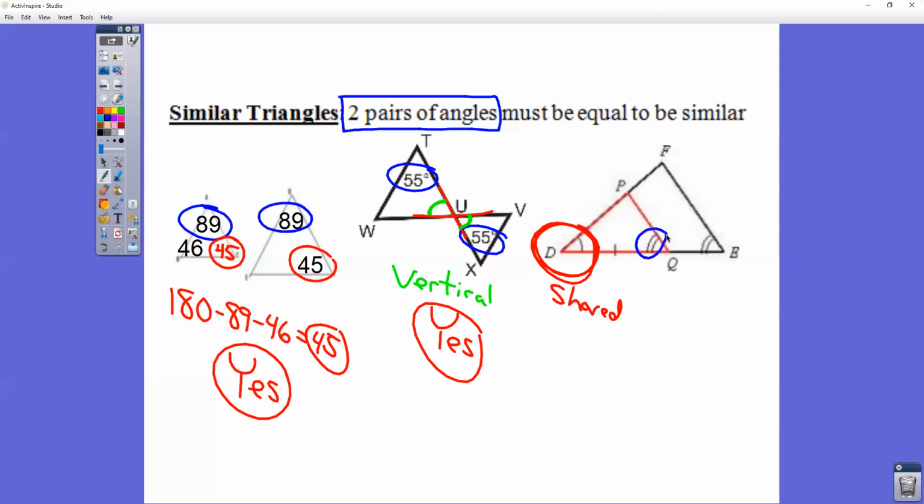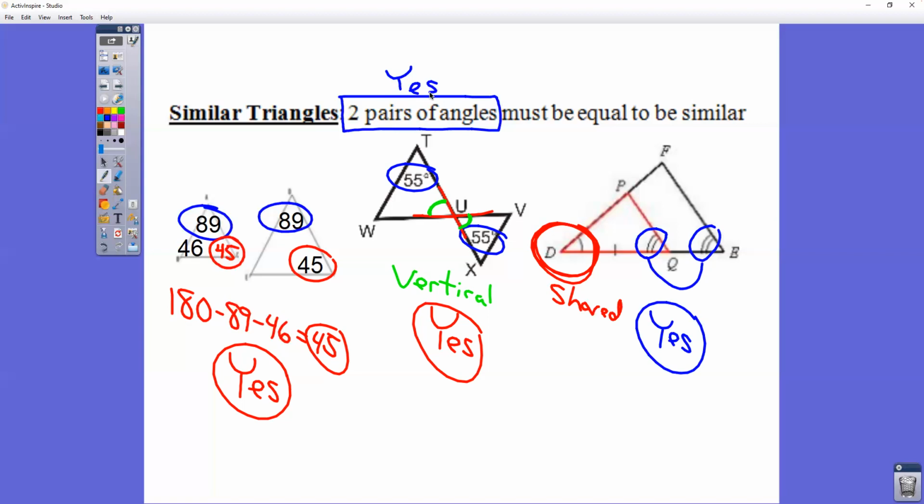Then you have this notation where you have the 2 little curves. Those 2 little curves, or I like to call them little hash marks, are the same angle. That's what they mean. We don't know the measurement of the angle, but we know that these two are the same. Therefore, they have the shared angles that are the same. They have the two with the little curves that are the same. So this one is a yes as well. But again, in order for it to be a yes, you have to have two pairs of angles the same.